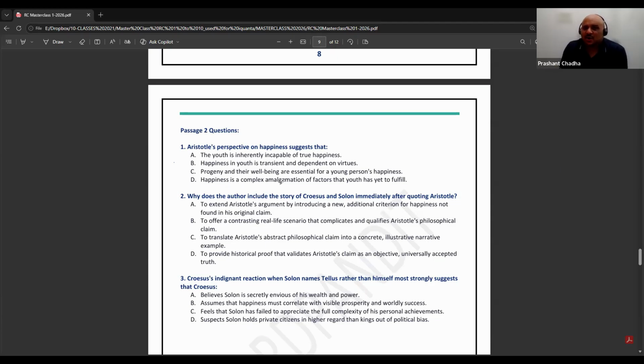When we say happiness is a complex amalgamation of factors that youth has yet to fulfill, right? So what is this complex amalgamation we are talking about? Which are these factors? Where does this come from? It just adds new layers which are not there in the passage.